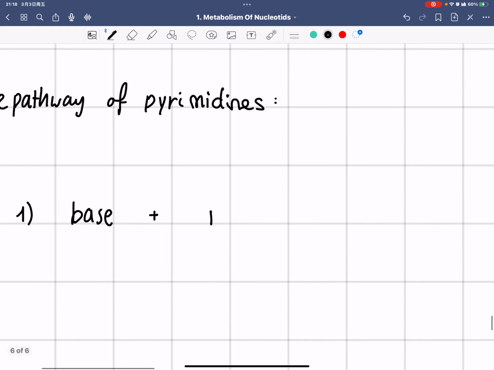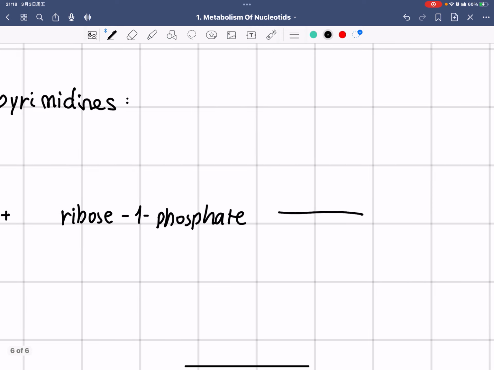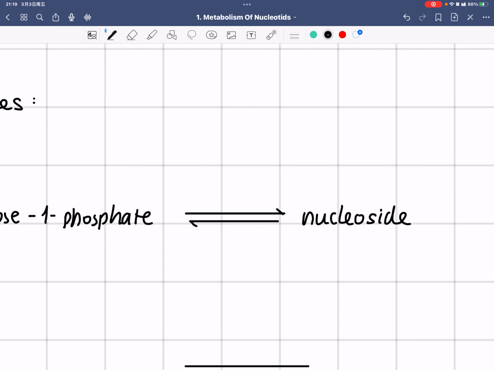And then you have ribose 1-phosphate. What do you form? Nucleoside.